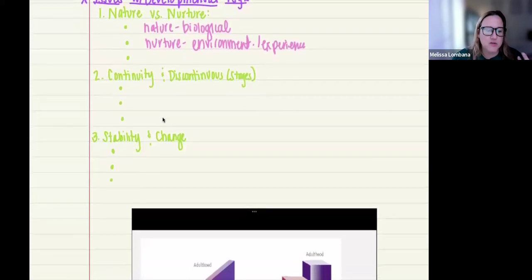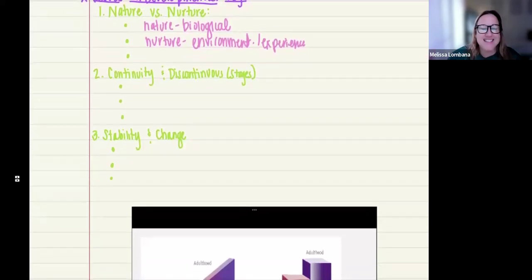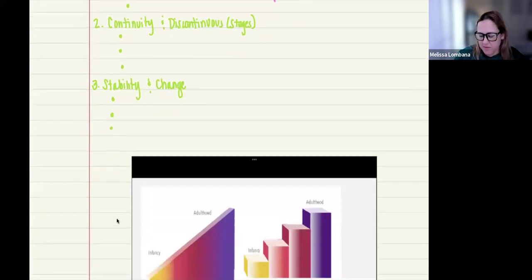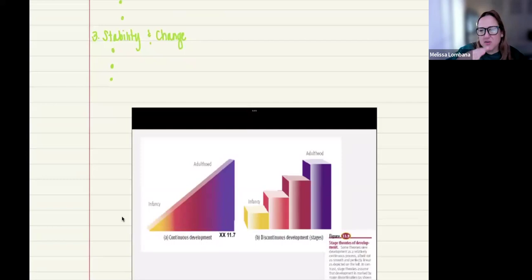Then the next one is going to be continuity and discontinuity, which are kind of like stages. Continuity is based on this idea that we grow in slow processes. I'm going to show you a little image. Continuous is like it just goes together, it's not separated.